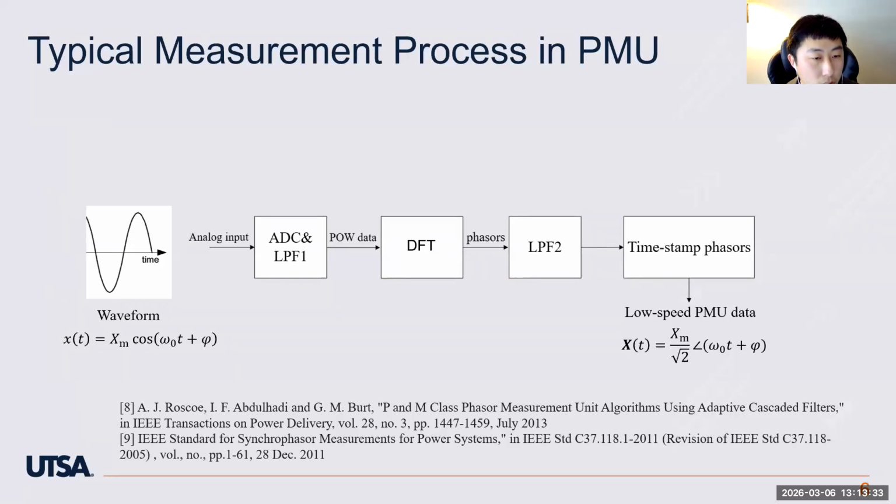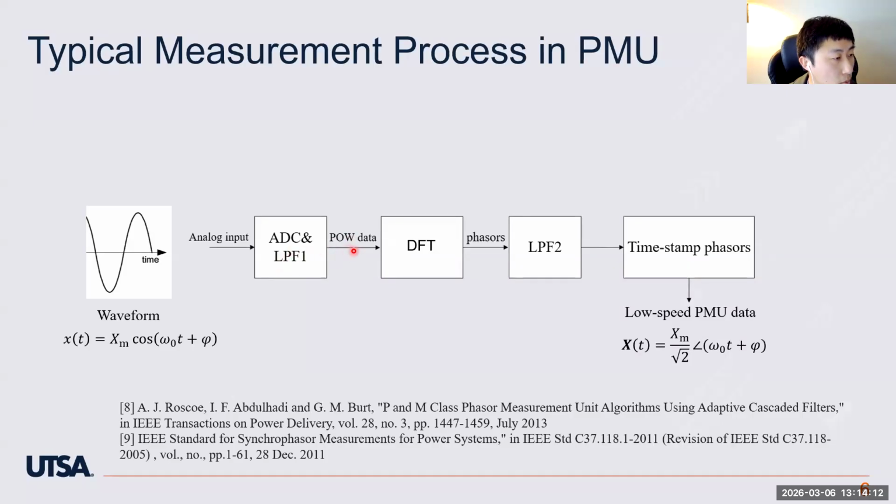So here, let's take a look at how a PMU calculates phasors. What is the internal process? Once we get the waveforms from the transducer, they pass through an analog-to-digital converter module, along with a low pass filter, usually sampling at 3,000 samples per second or 15,000 samples per second.